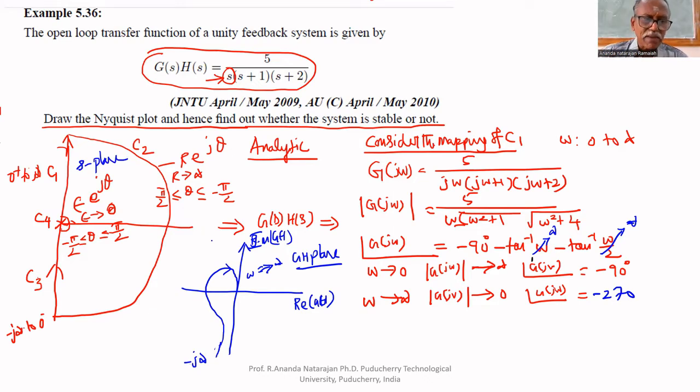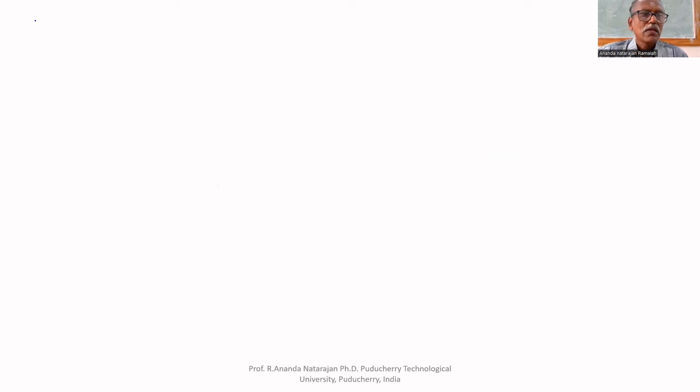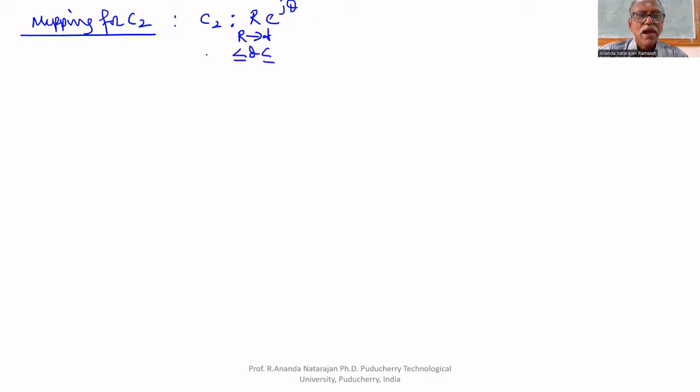So now we did the mapping for C1. Now we have to do the mapping for C2. C2 can be mathematically defined as R tends to infinity, e power j theta, and theta lies between pi by 2 and minus pi by 2.